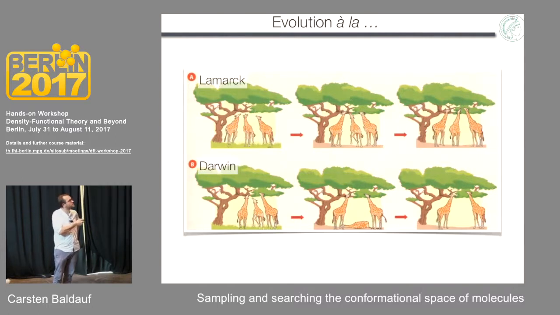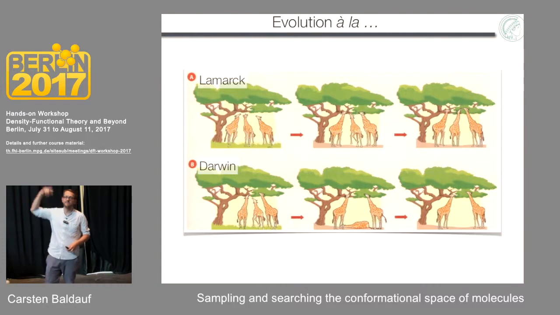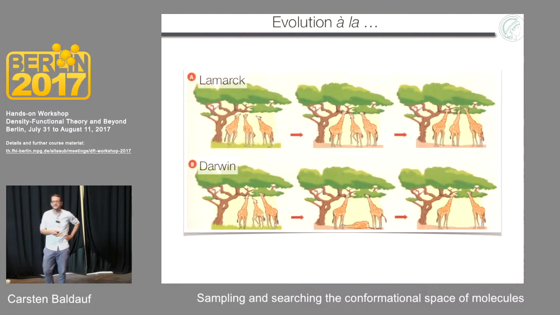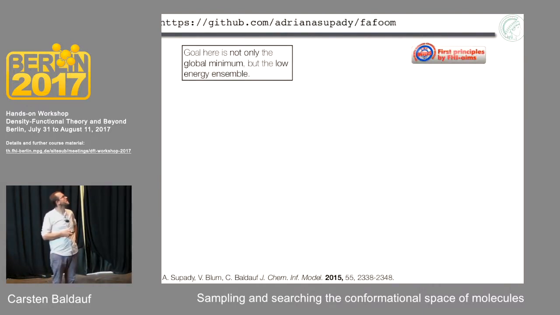But we have some sort of Lamarckian evolution, that means within a generation, by training, the giraffe can make its neck longer and reach the tree, and then is even able to inherit this property to its offspring. This is not totally true in reality, but it is something that one can implement, of course, still as a computer algorithm.